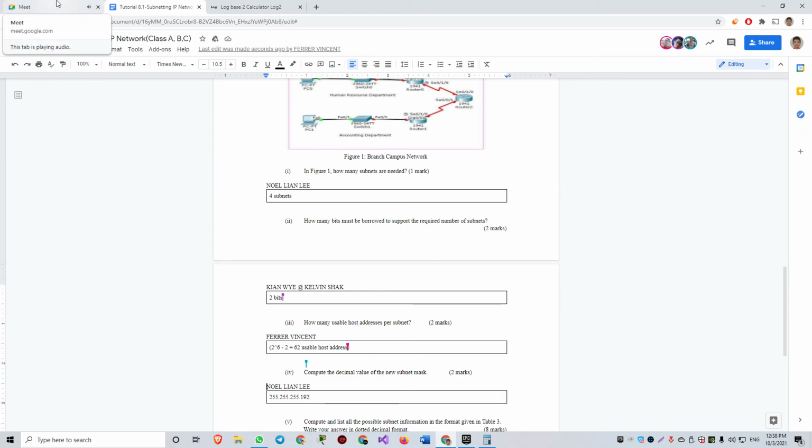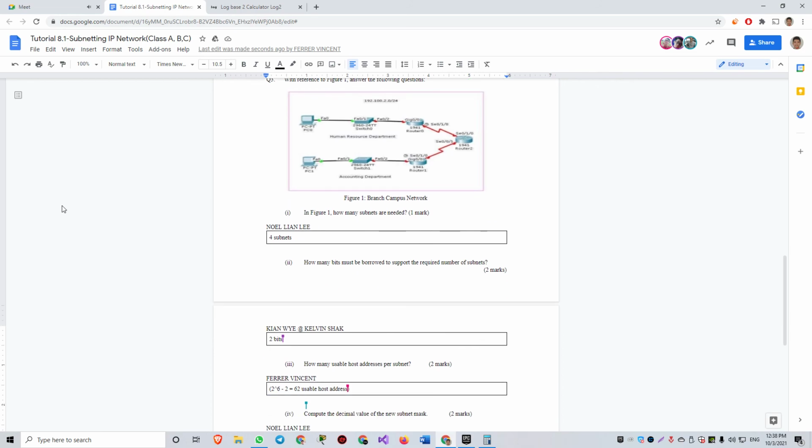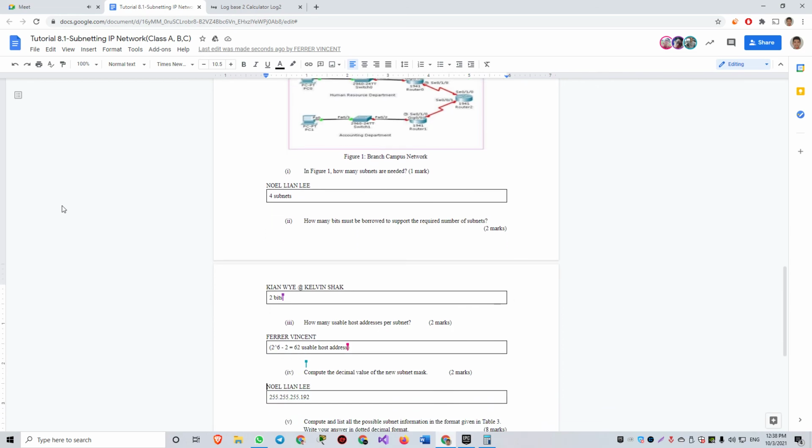Slash 24 network. You can see on the diagram it says 192.100.2.0 slash 24 network. So slash 24 means 24 bits belong to the network part. If 24 bits belong to the network part, how many bits belong to the host? 32 minus 24, IP version 4 is 32 bits.